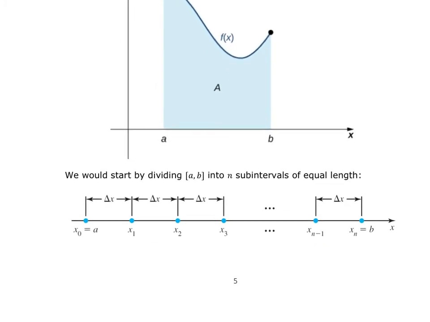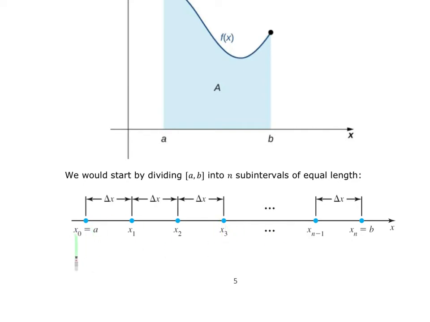So what I have to do is take my interval from A to B and break it up into pieces of the exact same size to make it easy to do the Riemann sums. So I want these changes, delta x, to be the same size.